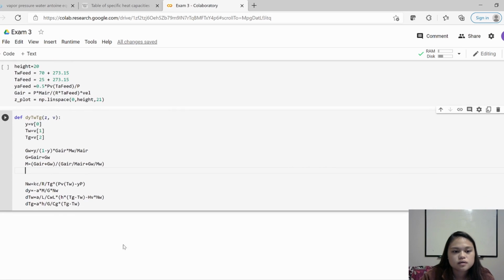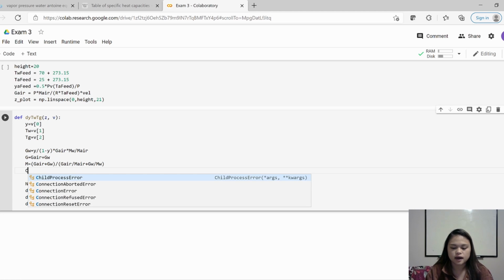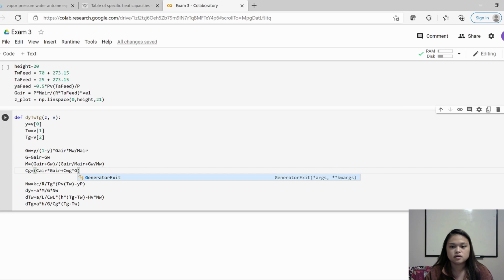Okay, so we also have this heat capacity for the gas. So we need to compute that. We can get that by the heat capacity of the air multiplied by the gas flow rate of the air, plus the heat capacity of that water in the gas phase multiplied by the gas flow rate of the water.